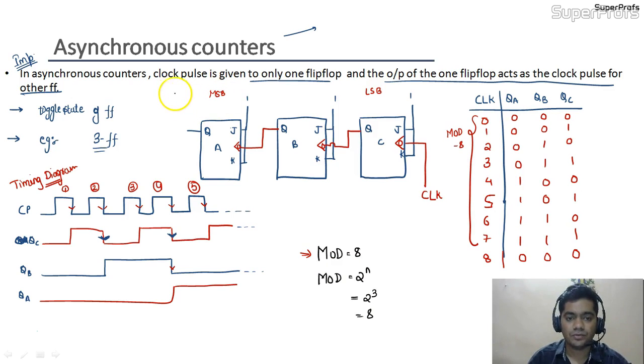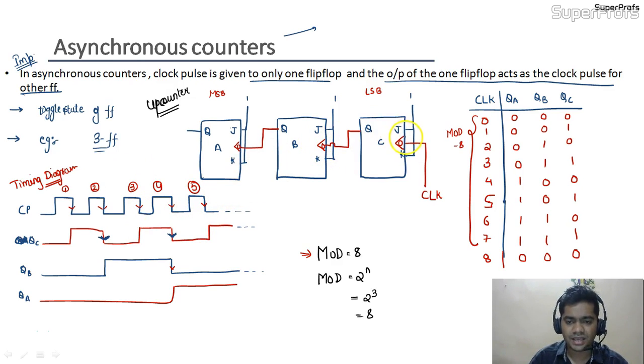So I hope you have understood clearly this up counter, because all the functioning of the rest of the counters, whether it is a down counter or a positive edge triggered up counter or a positive edge triggered down counter, would be the same. The variation would be in the clock pulses.